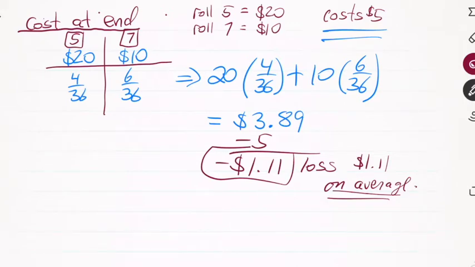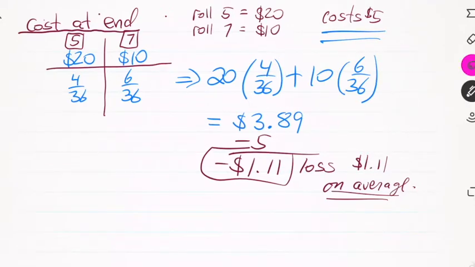They would expect that after doing that. And this is how this determines, for a casino especially, their profit margin. Because if the person is losing $1.11, then they are actually earning $1.11 every time someone plays this game.